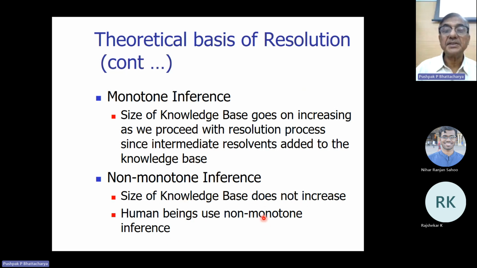Okay, human beings use non-monotonic reasoning. We assume some hypothesis, then see the consequence of the hypothesis. If the consequence does not match up to reality, we withdraw the consequence and revise the hypothesis. So suppose a doctor is diagnosing based on the symptoms.